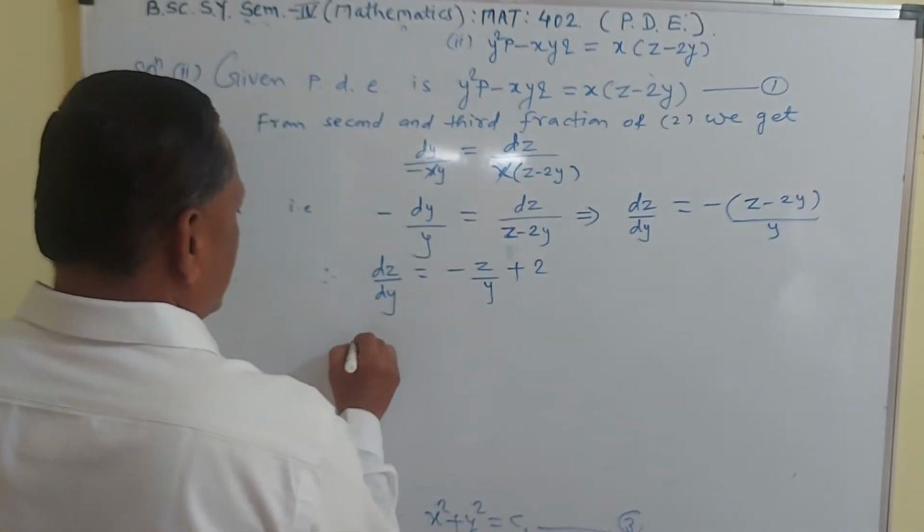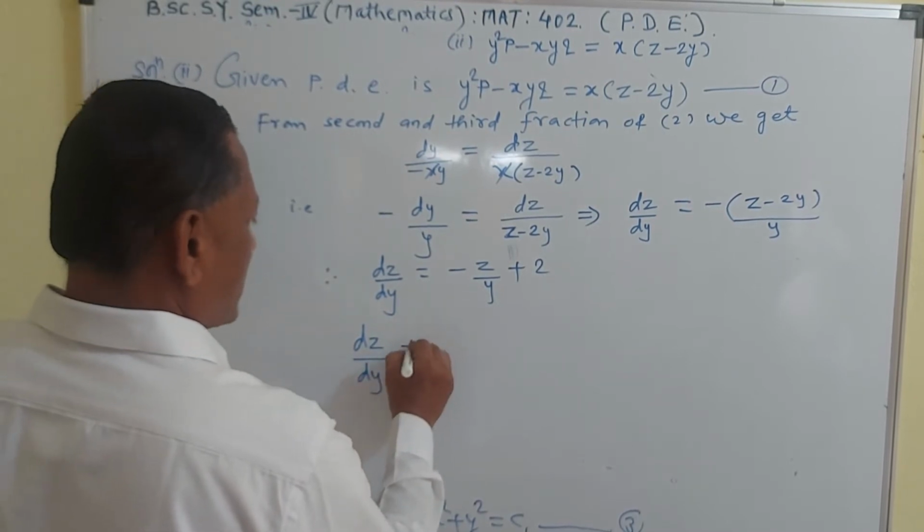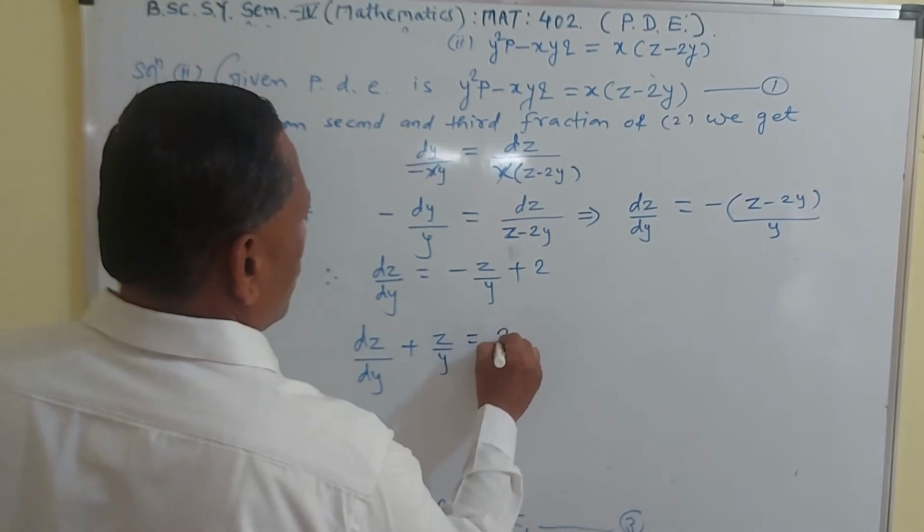Again this can be written as dz/dy + z/y = 2, number 4.